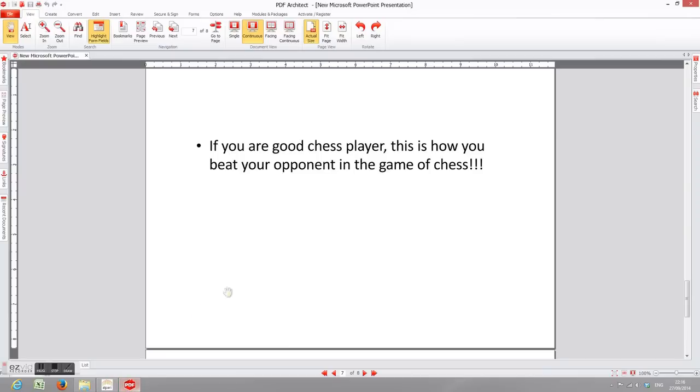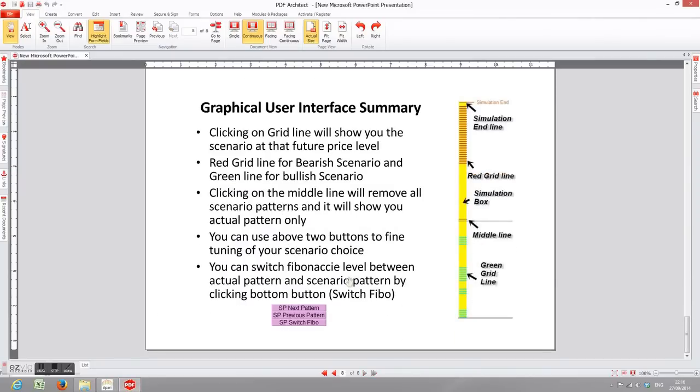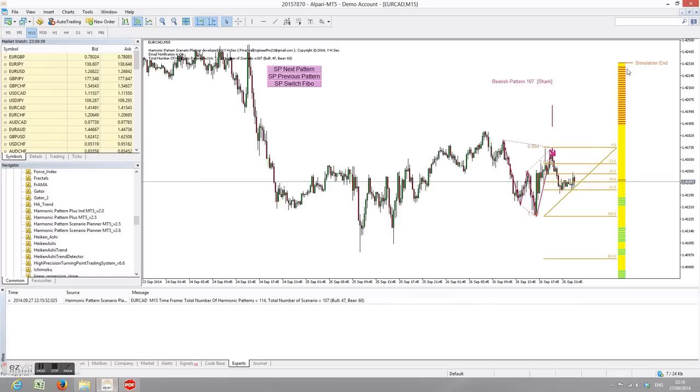So let's look at the graphical user interface summary. Clicking on a grid line will show you the scenario at the future price level. This is the simulation box, the scenario grid box, how to say. If you click on these red grid line buttons, then you will see the scenarios stored in those grid lines.